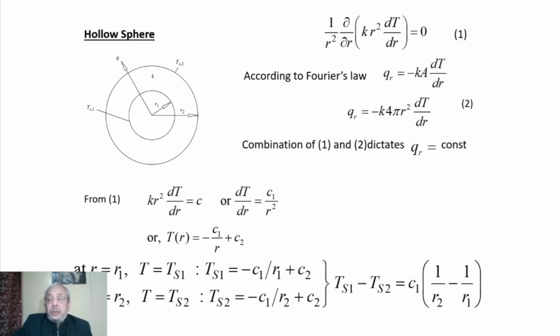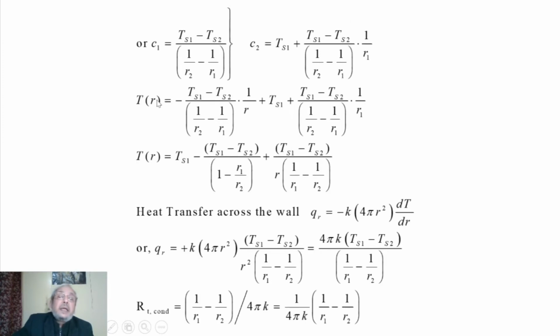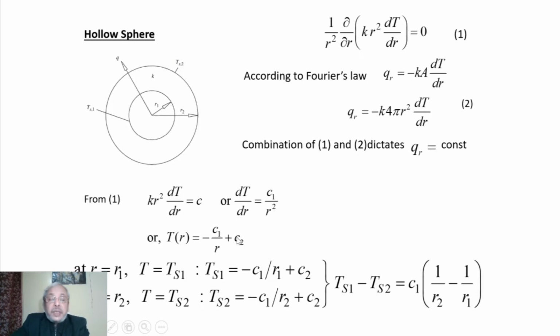From here, we will be able to calculate C1. So indeed we do that. C1 equals TS1 minus TS2 divided by 1 by R2 minus 1 by R1. And having found C1, our remaining task is to find C2.